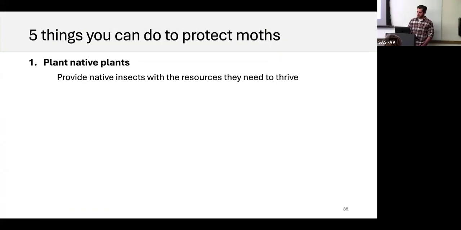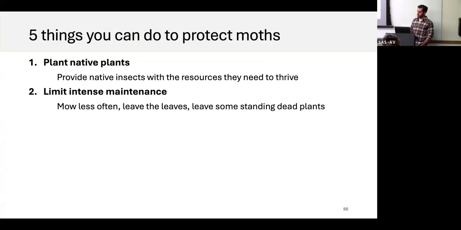All right. The second thing I'll introduce to help protect moths and other pollinators is limiting intense maintenance. So this includes mowing less often, leaving the leaves, which is kind of a national program or catchphrase at least that caught on recently, and leaving some standing dead plants.